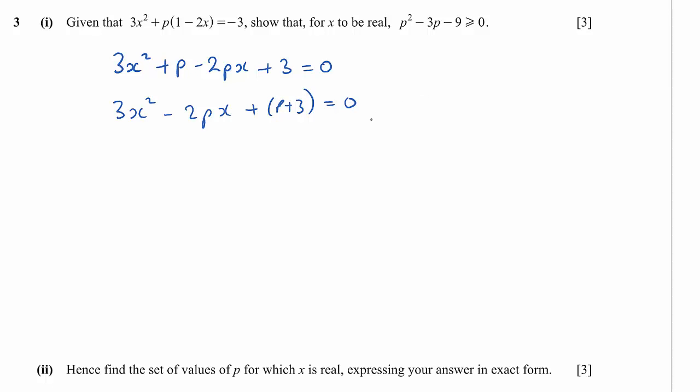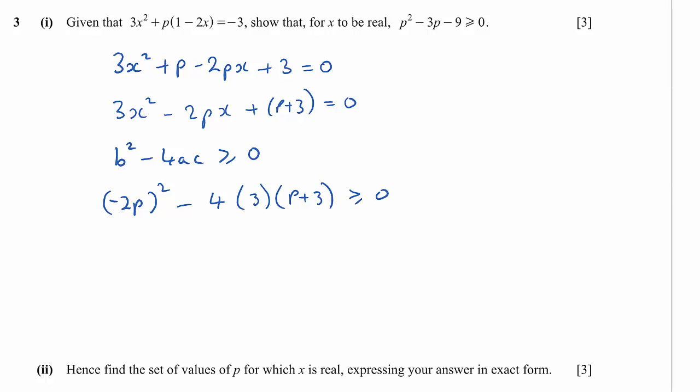Now we have real roots of that, provided that the discriminant b squared minus 4ac is greater than or equal to 0. So that's negative 2p squared, take away 4 times 3 times (p plus 3), is greater than or equal to 0.